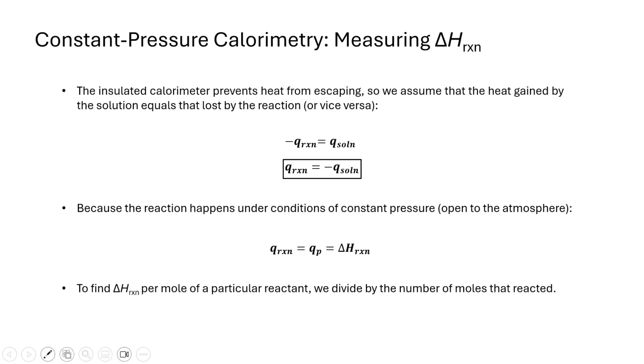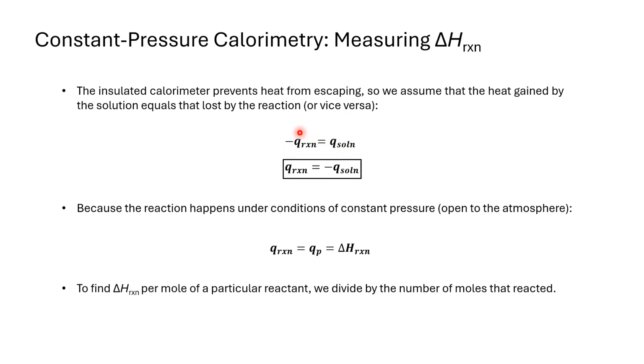So let's move forward with this concept of constant pressure calorimetry. Imagine that the reaction is releasing heat to the solution. So the reaction lost heat to the solution, and if it lost heat, there's a negative sign associated with it. Any reaction that loses heat, the solution gained that heat from the reaction.